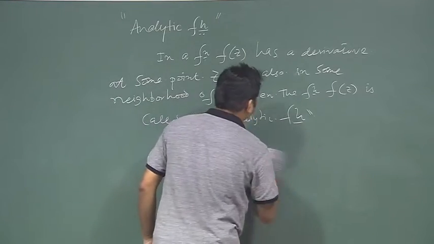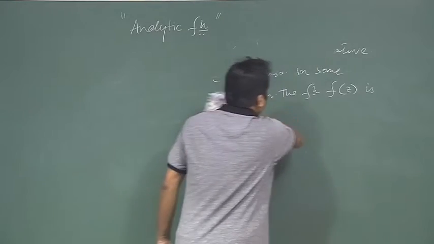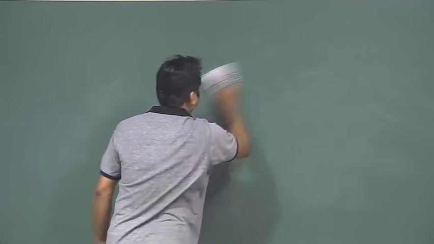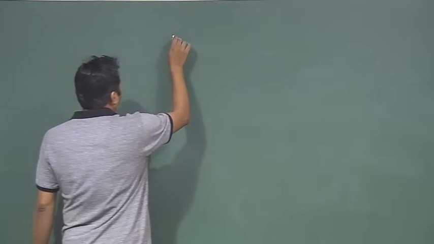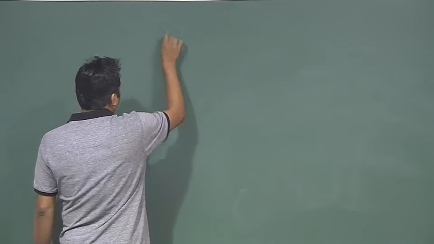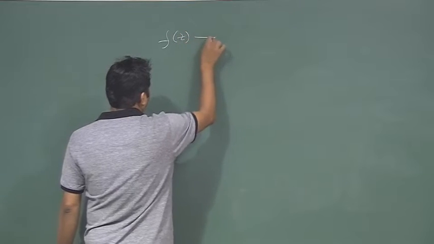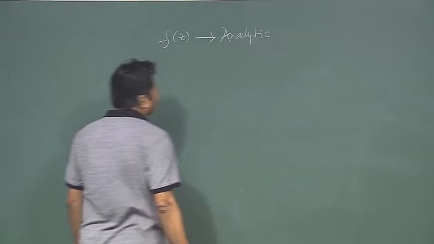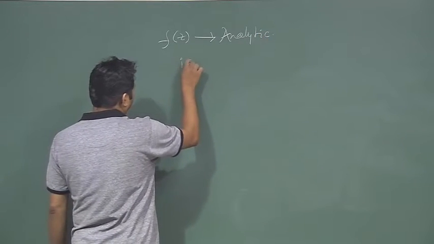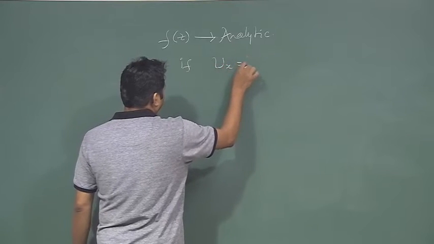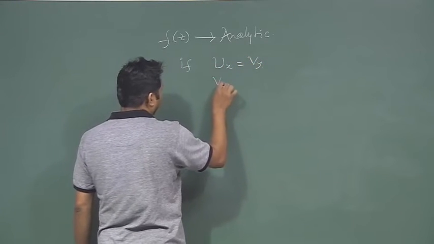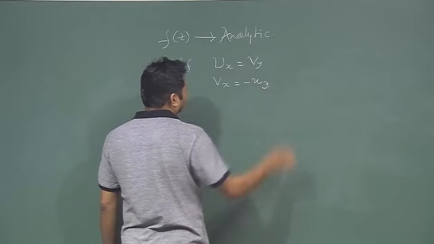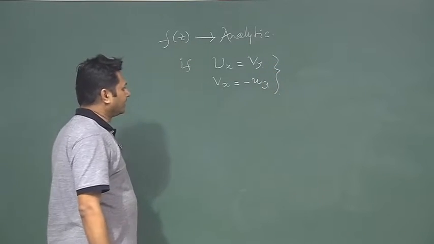In that case, after having the definition, I should say another way that the function f(z) is analytic: I say it is analytic if u_x is equal to v_y and v_x is equal to minus of u_y, or u_y is equal to minus of v_x, whatever.